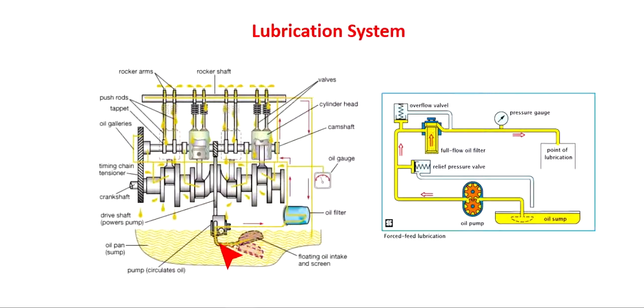From here it is connected to the suction side of the oil pump, and the oil flows out of the pump to an oil filter. In the oil filter any dirt gets cleaned up, and then the cleaned oil flows through oil galleries to various lubricating points.